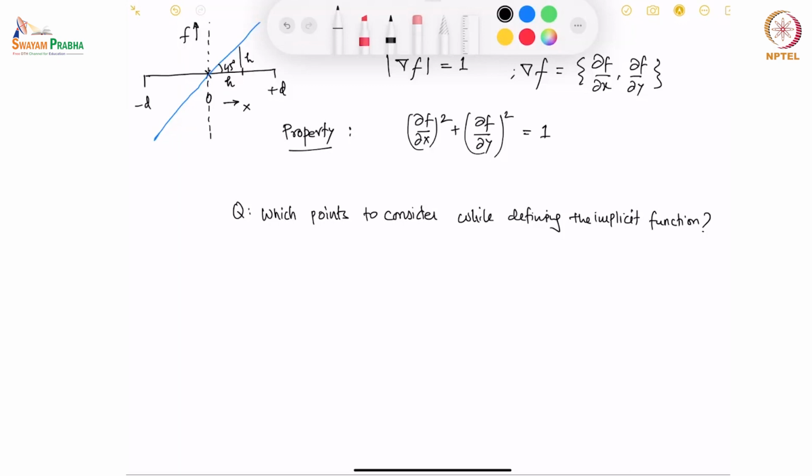But in the first place, at what points should I define my implicit function? Because the space around me, the room in which I'm sitting right now, is a continuum, and there are infinite points in this space. Which points should I pick? Any ideas?